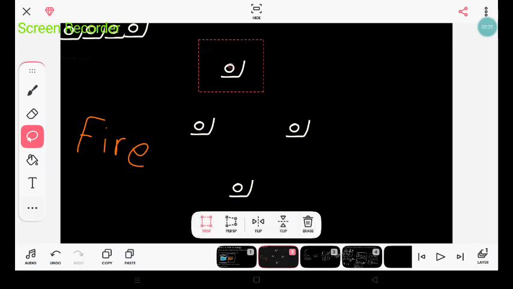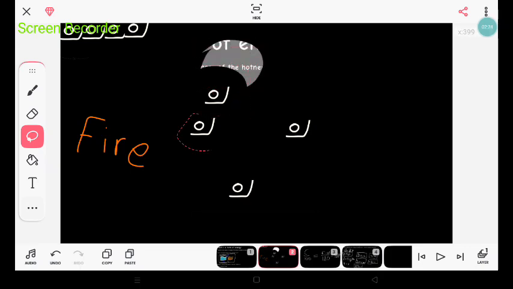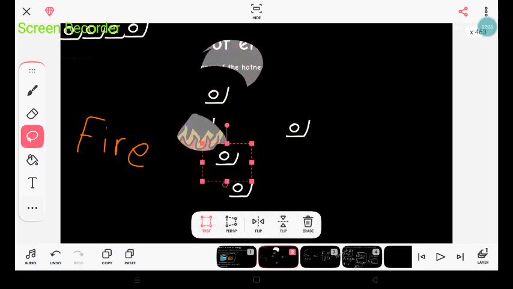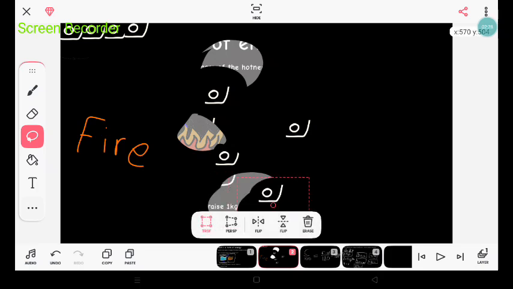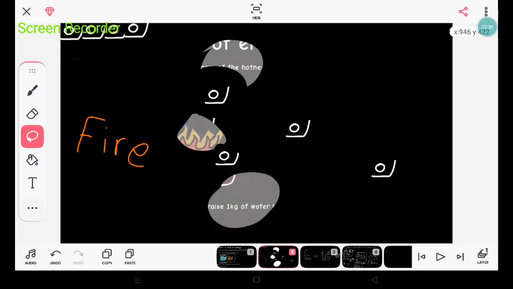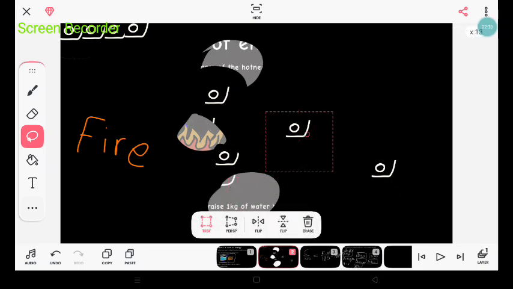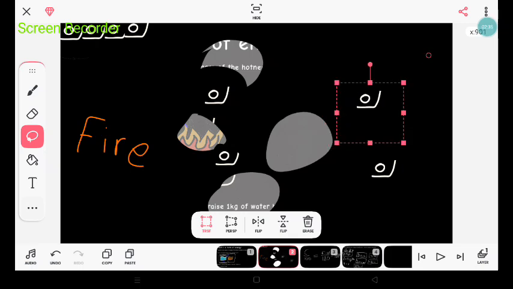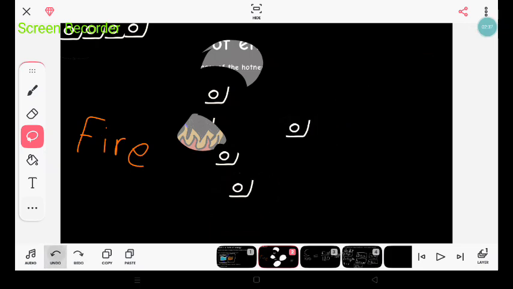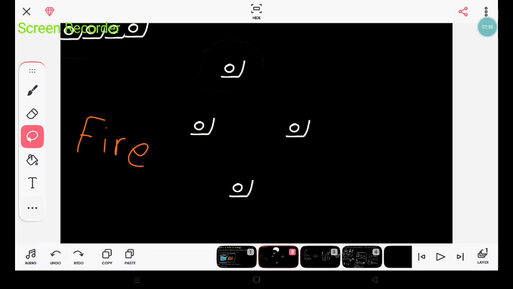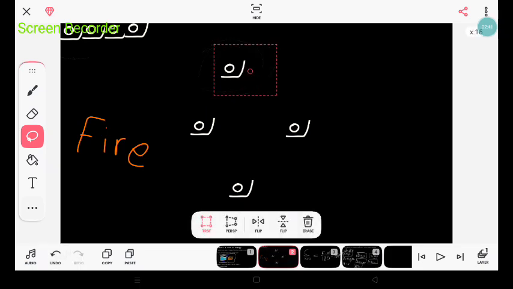Now the heat makes the atoms bump into each other, which causes them to move further apart. As you can see, the atoms are slowly moving.